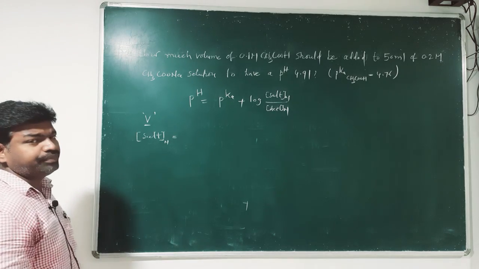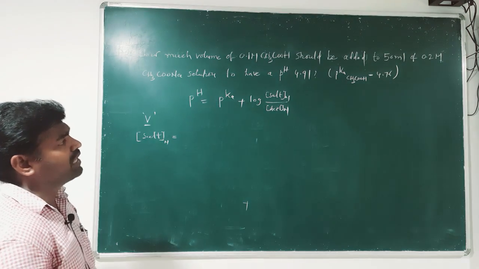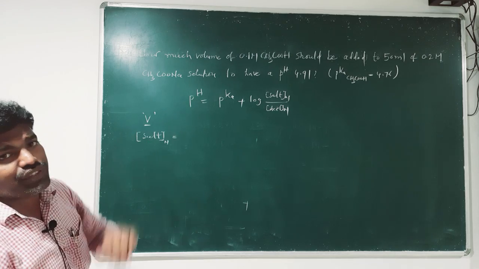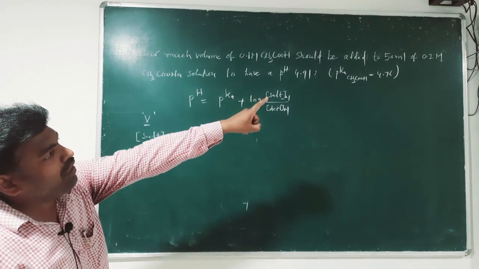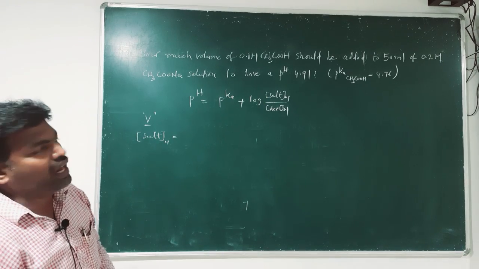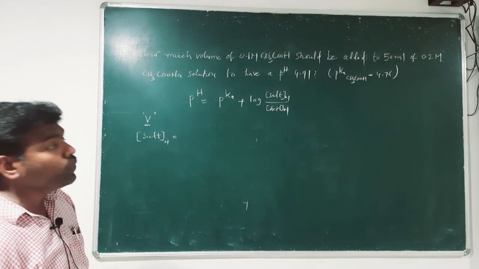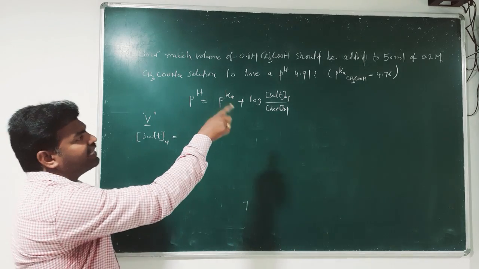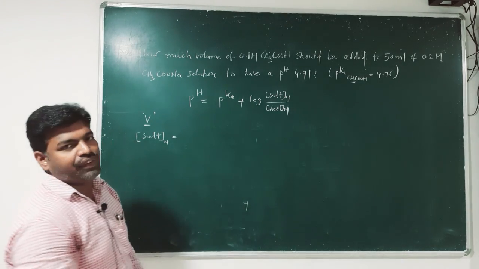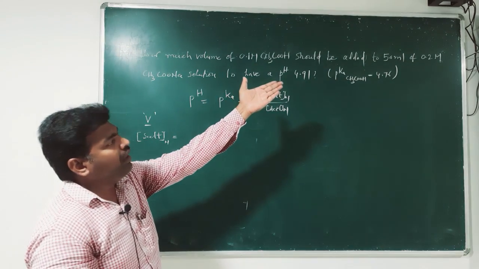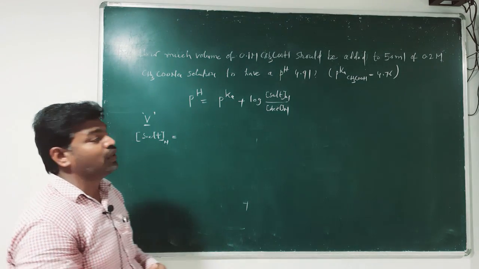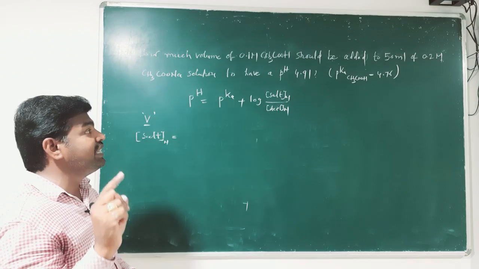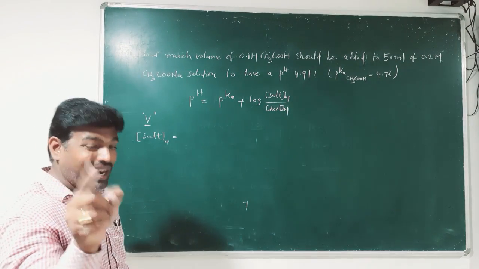They didn't give the concentration of salt. Instead, they give the 50 ml volume and 0.2 molar of sodium acetate, so we can calculate its concentration.